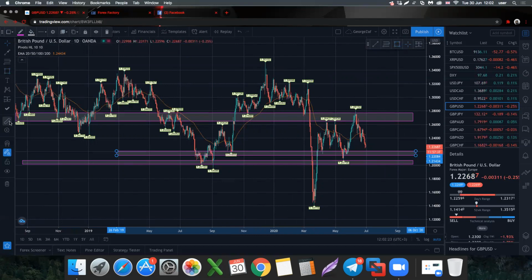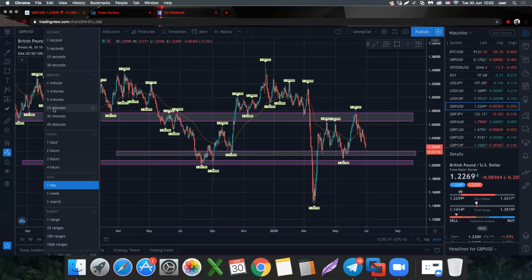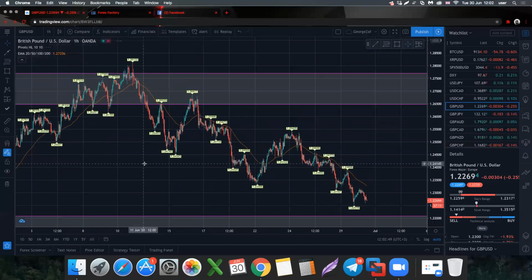Okay, look at this. Support, support, support, broke it. Again, support, support, resistance, support, support, support, support, break. The resistance became support. Look at these levels. Okay, support, support, resistance. So let's get back to 1 hour.